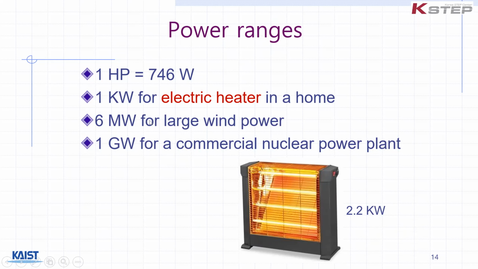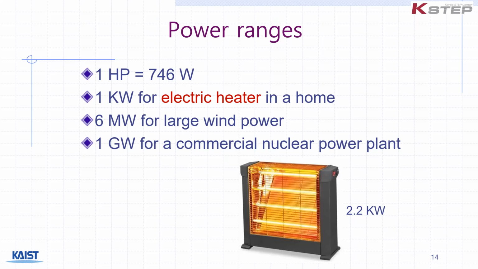So 6 megawatt for large wind power is a big one, right? Big electricity. Say how many of these electric heaters can be used? So 3,000 heaters can be maintained by a 6 megawatt wind power system.